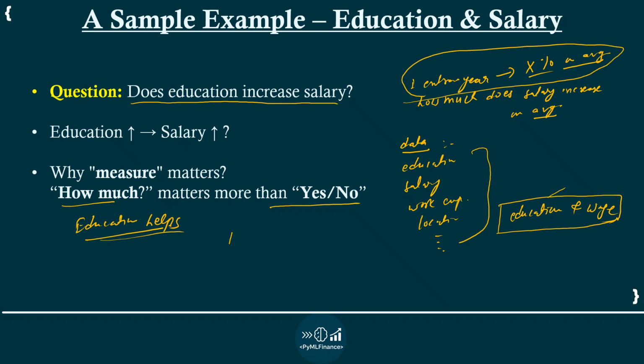This statement is testable, it is measurable, and it is useful for decision making. That is why econometrics is powerful.